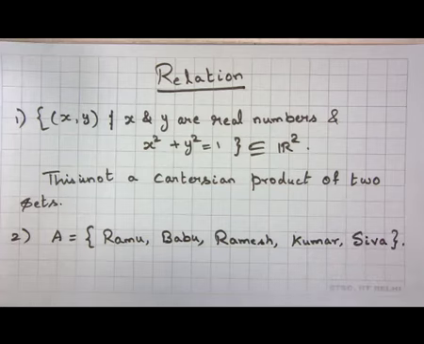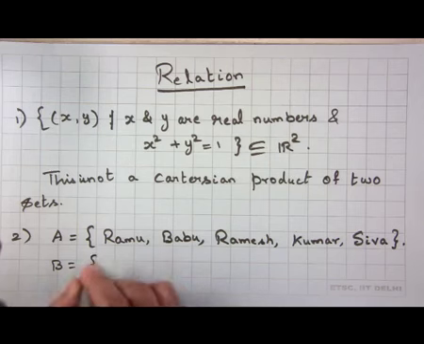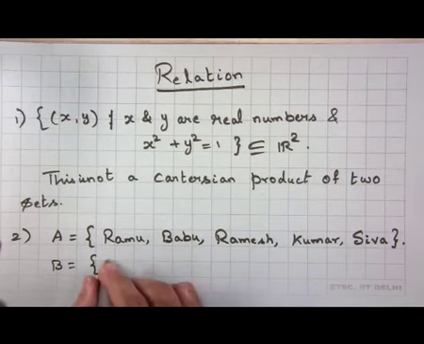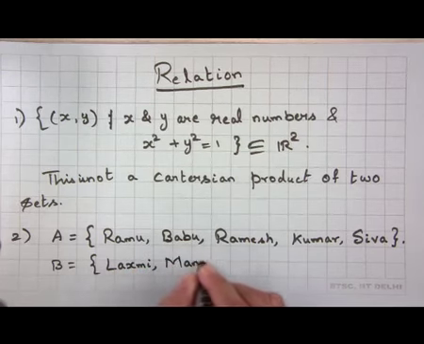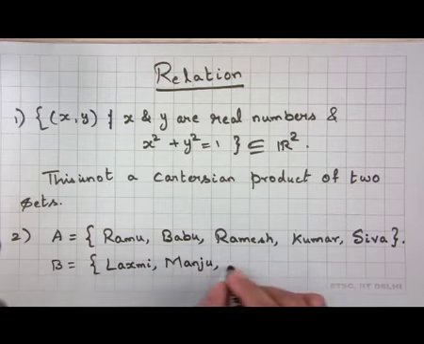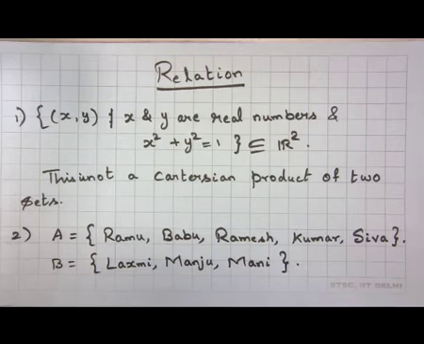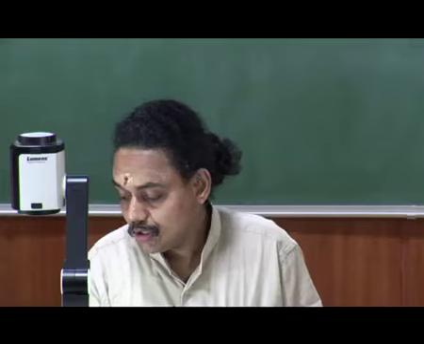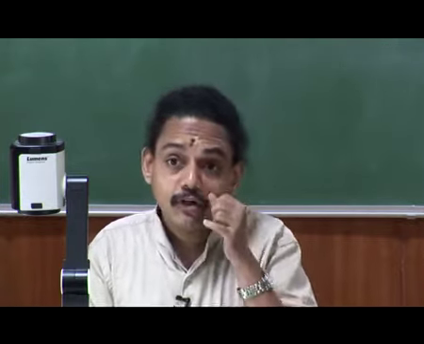So A consists of 5 names of some people. Let B denote the following names: Lakshmi, Manju, Mani, and these three. If you look at the Cartesian product of these two sets, you will have 5 into 3, totally a set consisting of 15 elements.